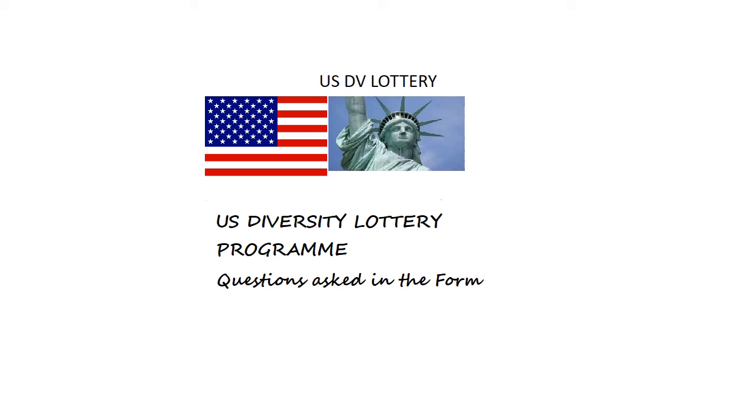Failure to list all children who are eligible or listing someone who is not your child will result in disqualification of your application and your family members as well at the interview.